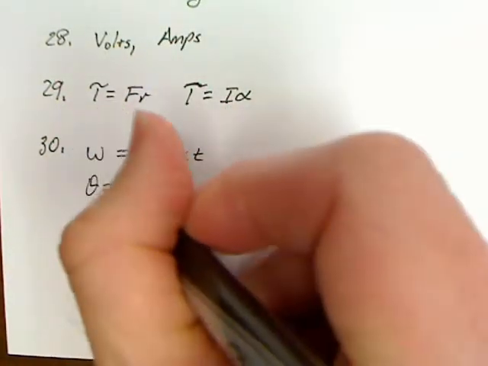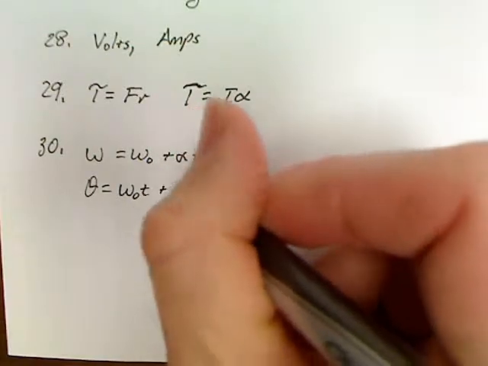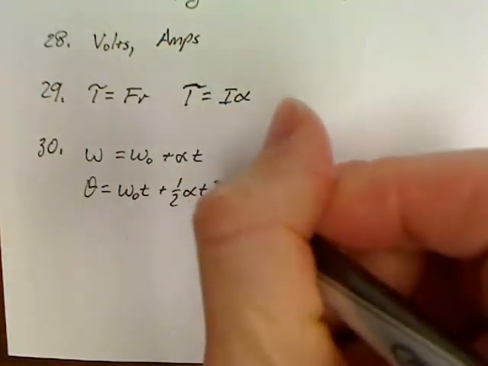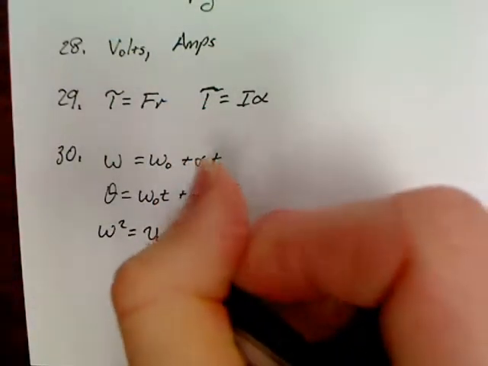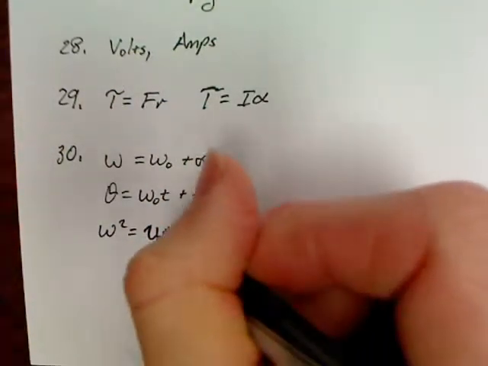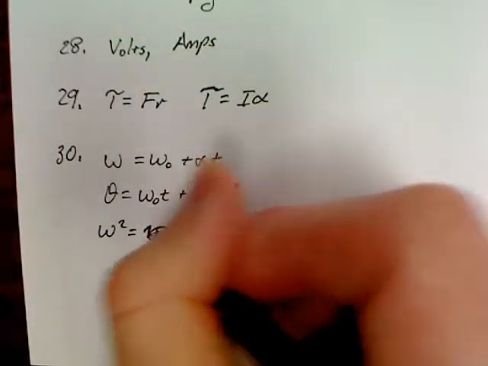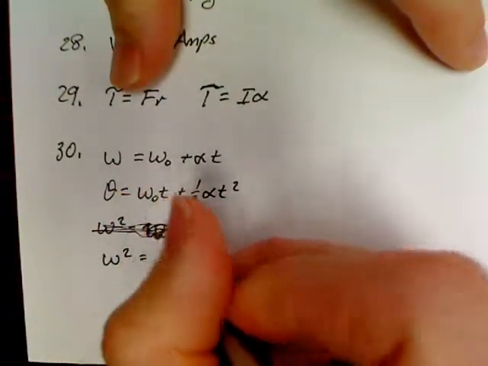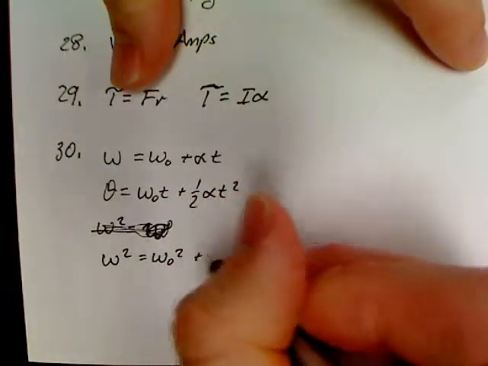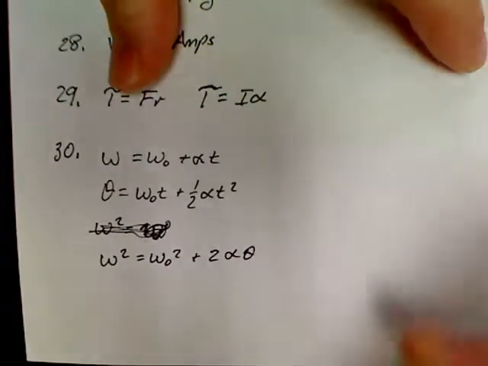Theta is equal to omega 0 t plus 1/2 alpha t squared. Omega squared equals omega 0 squared plus 2 alpha theta.